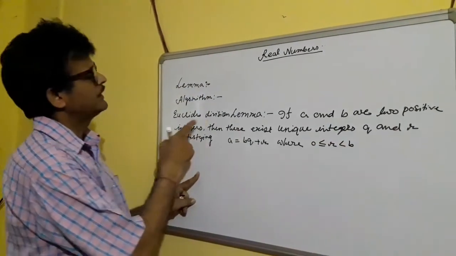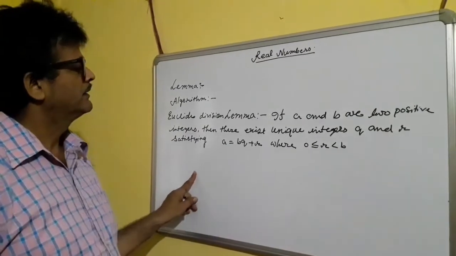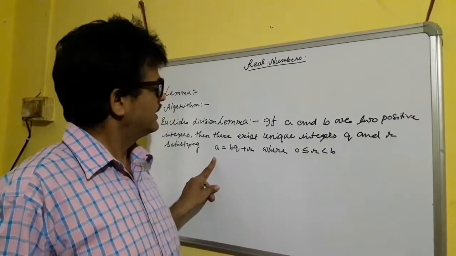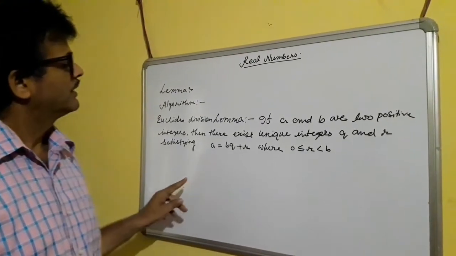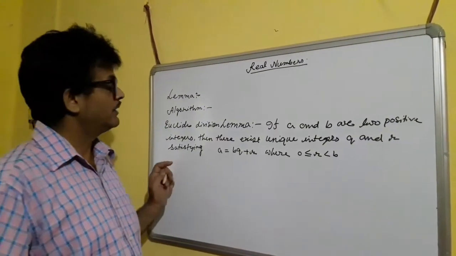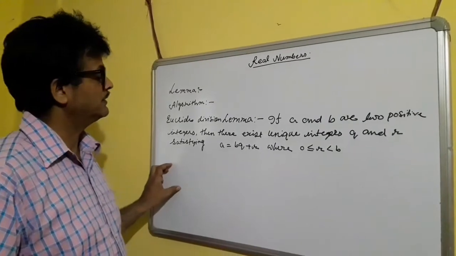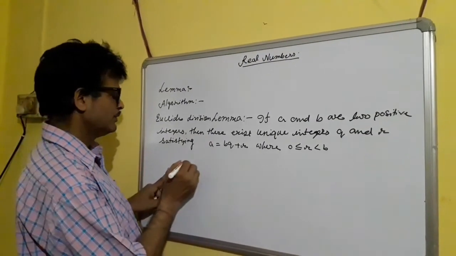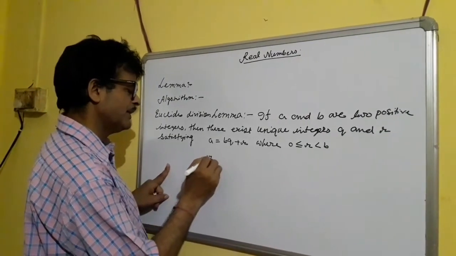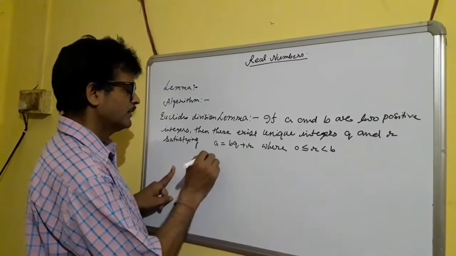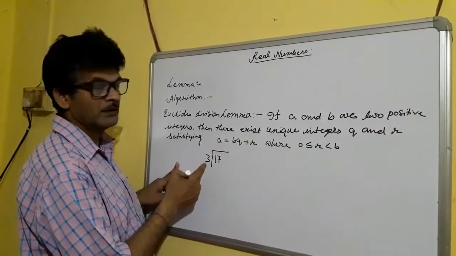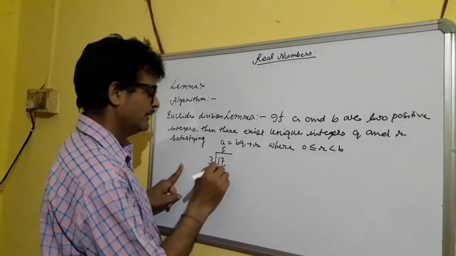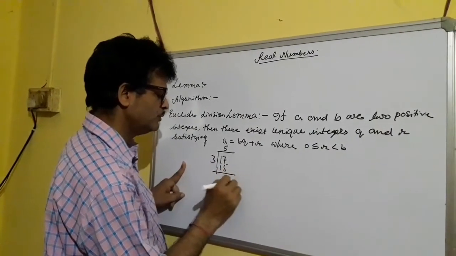Now this Euclid's division lemma is nothing but the relation of dividend, divisor, quotient and remainder, which we have already learned in lower classes. So to understand this, let us take an example. Suppose we divide 17 by 3, what do we get? 3 fives are 15 and the remainder left is 2.